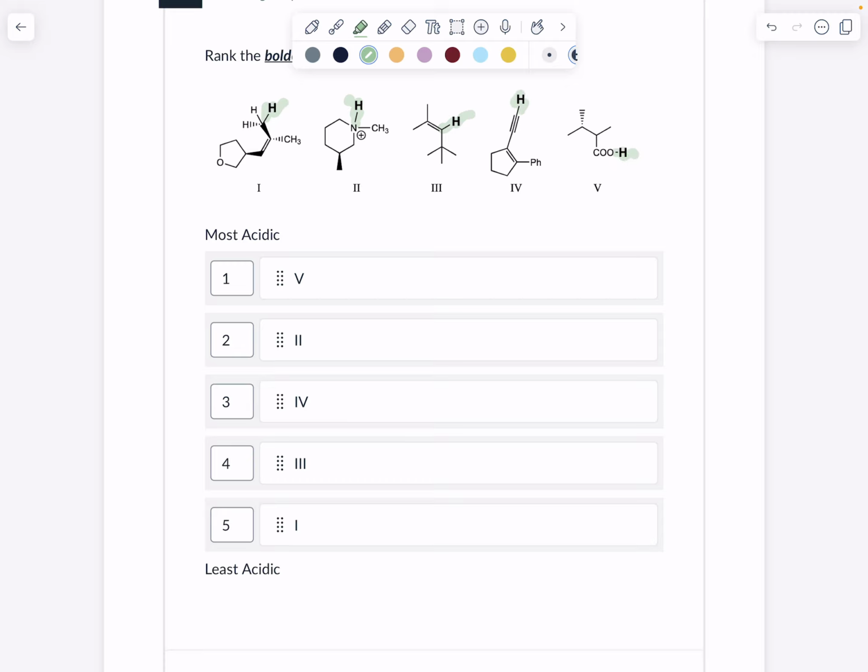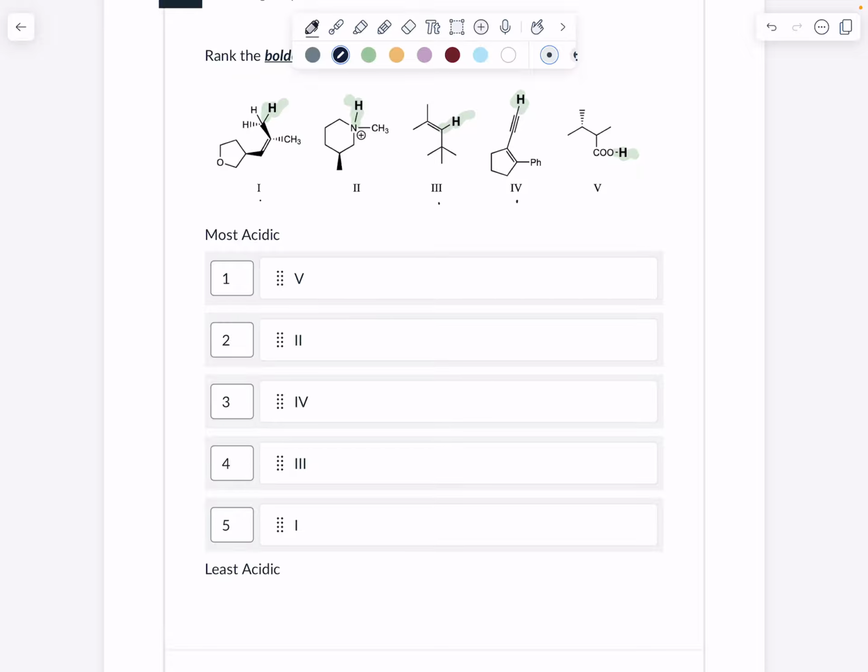When I'm looking at the bolded hydrogens, I notice that 1, 3, and 4 are all connected to carbons. So then I'm thinking about the hybridization to rank those. And between them, we know that the more S character, the closer the negative charge would be held in the conjugate base if a proton is lost.